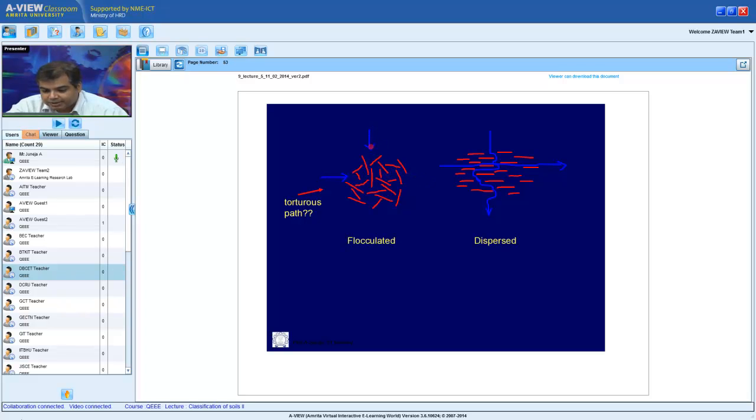The same thing, water has to travel from top to bottom with much difficulty. The randomness of this fabric makes the water flow difficult in both directions. So the difficulty in flow is more or less similar for both directions.